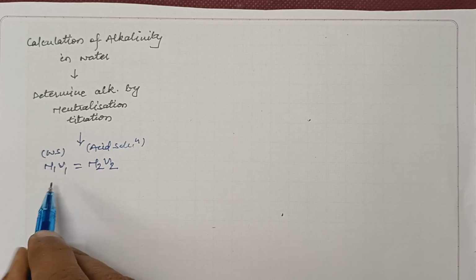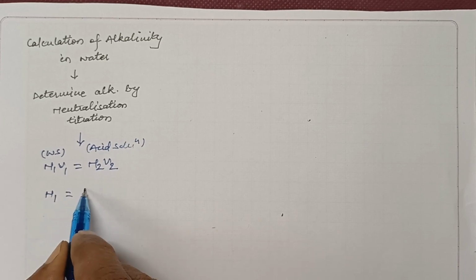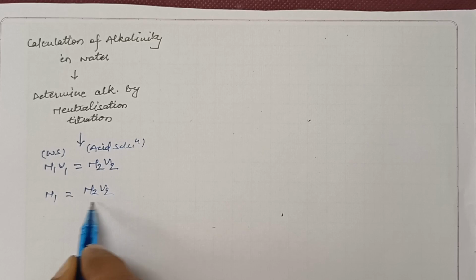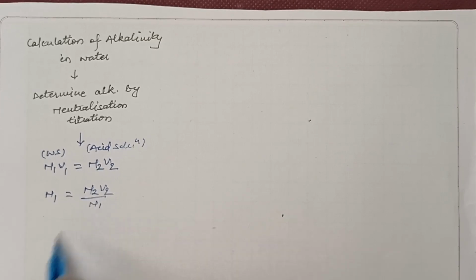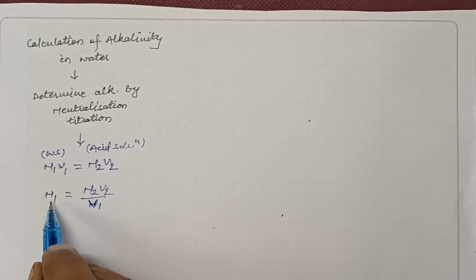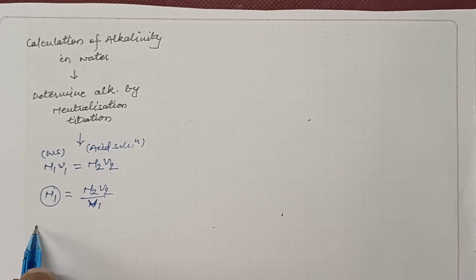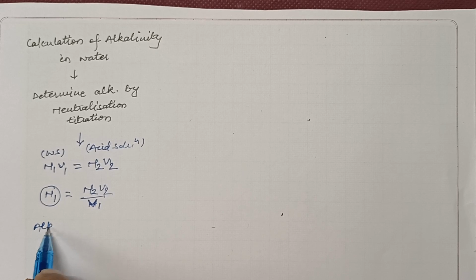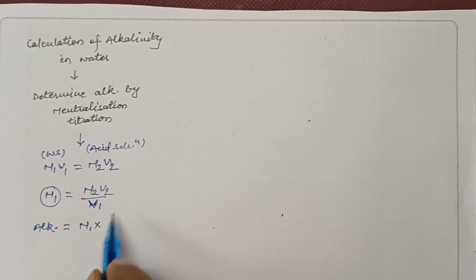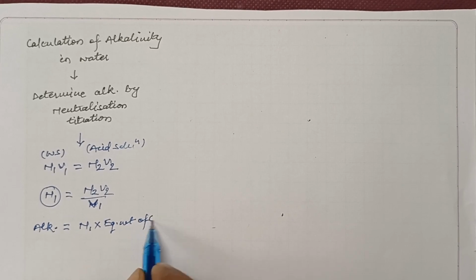So by this formula N1 is equal to N2V2 divided by V1. So we can calculate this N1, and after calculating N1 you can find the alkalinity content, which is equal to normality N1 multiplied by the equivalent weight of calcium carbonate.